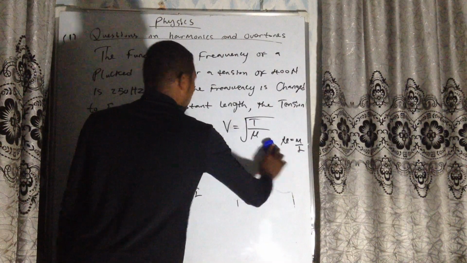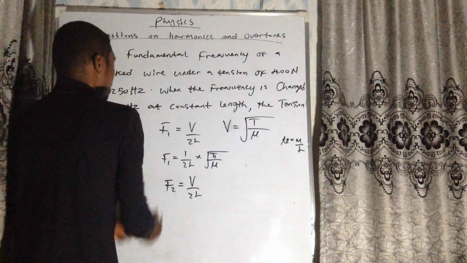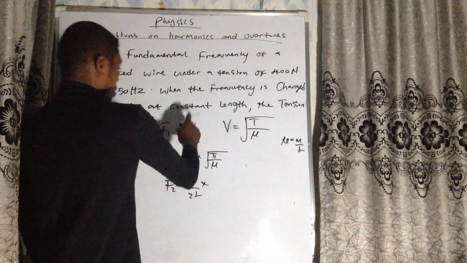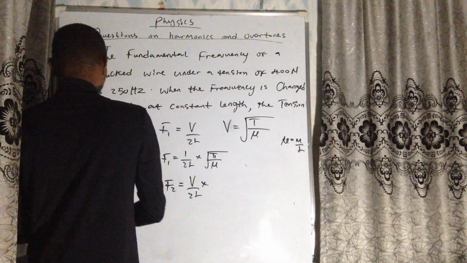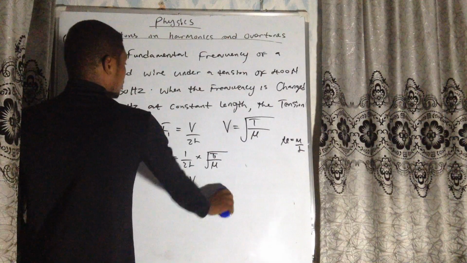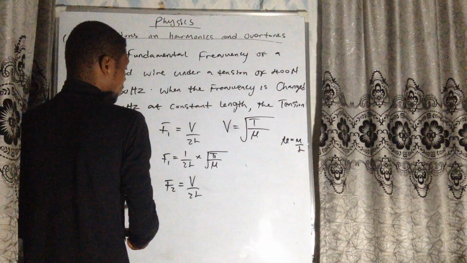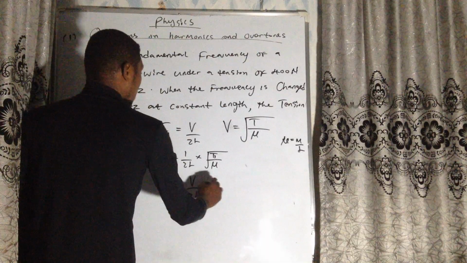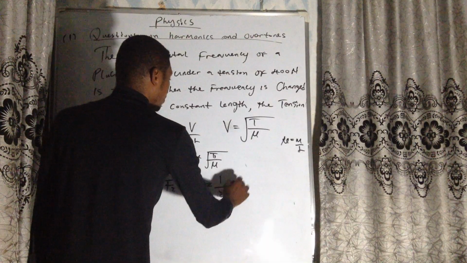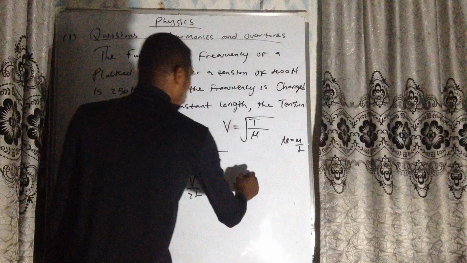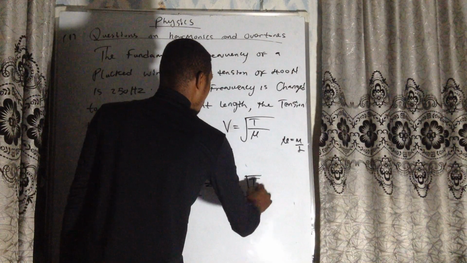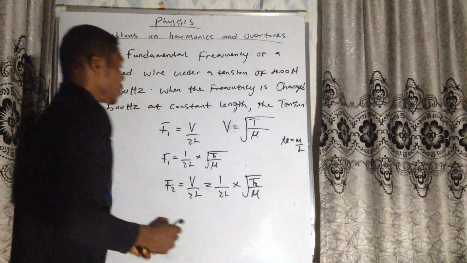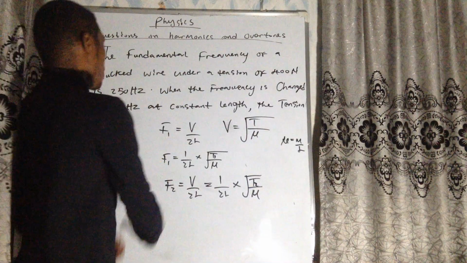So let's continue. Now, we have F2 equals V over 2L, that is 1 over 2L times, my V is the root of tension over mu. So F2 is equal to 1 over 2L times the square root of T over mu. In this case, it will be T2 over mu. So look at it now.